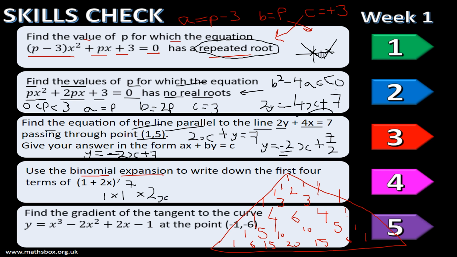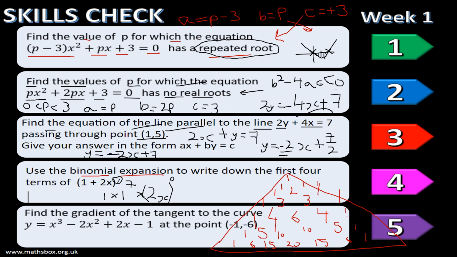The way this works is that your powers, when you multiply these numbers separately, must add to equal this n power. 7 plus 0 makes 7. So that is my first term, and when I work this out, I'm going to get 1.